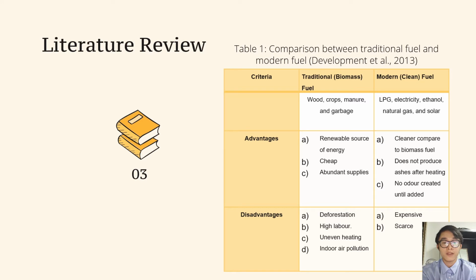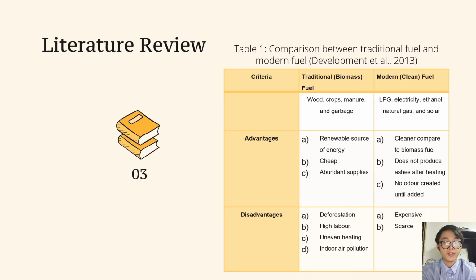However, the disadvantage of using this fuel is it will lead to deforestation, high labor, uneven heating, and indoor air pollution. Then, modern or clean fuel usually is LPG, electricity, ethanol, natural gas, and solar.